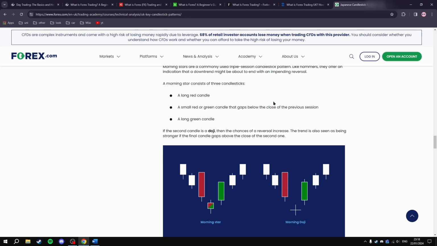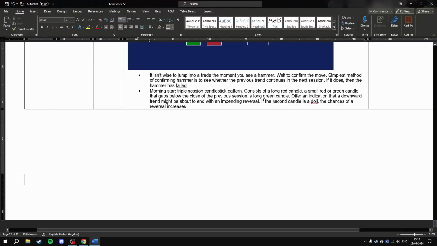The trend is also seen as being stronger if the final candle gaps above the close of the second one.